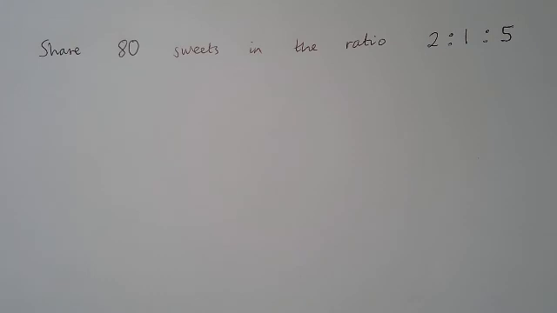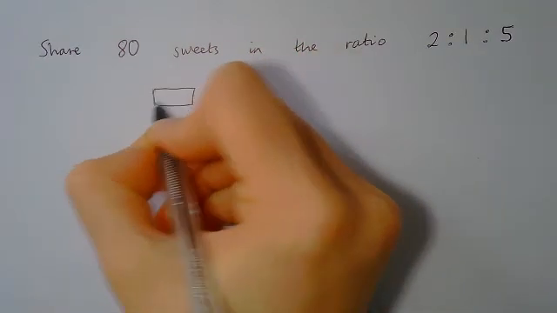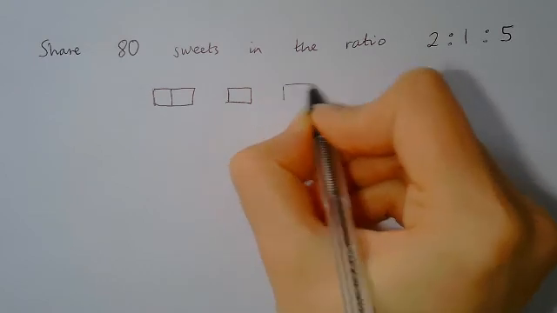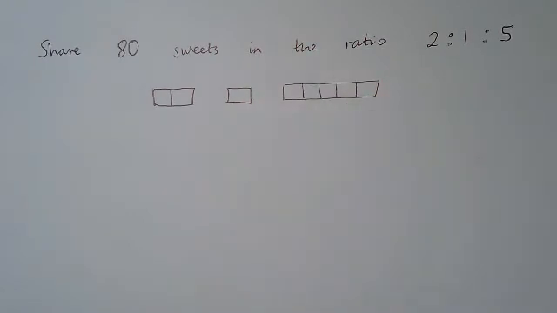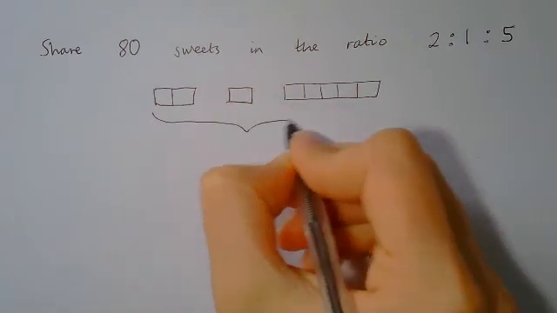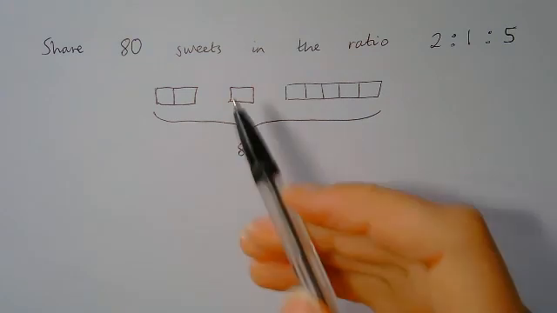The brilliant thing about this method is I can do exactly the same thing. So what did I do first? I bet some of you have already started drawing that picture. So I've got a 2, I've got a 1, and I've got a 5. Like that. And in total, I've got 80 sweets.